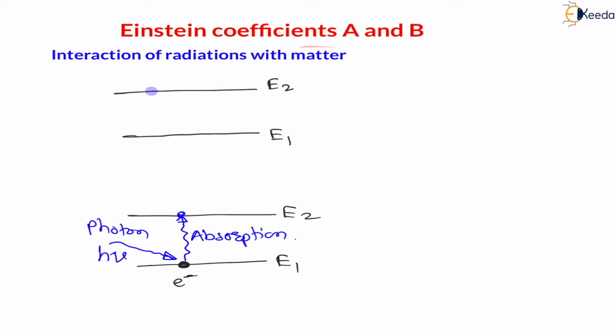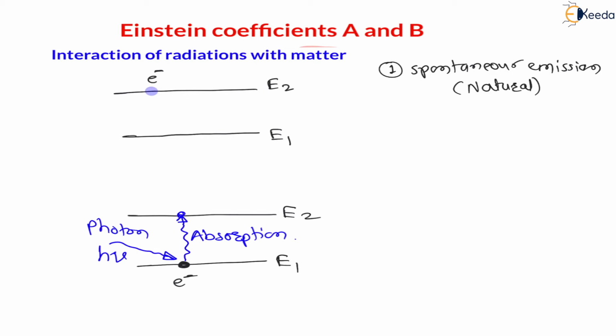But my dear students, naturally electron always tries to move from higher energy level to the lower energy level. Whenever the electron moves from higher to lower energy level, this is called emission, and there are two types of emission. One is spontaneous emission, and my dear students, this spontaneous emission is a natural process.